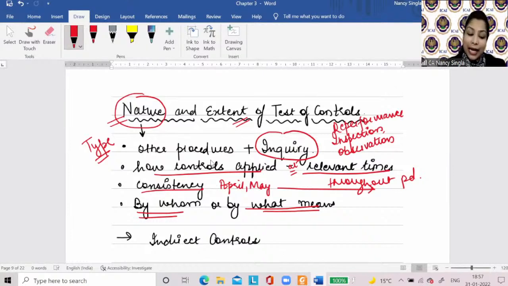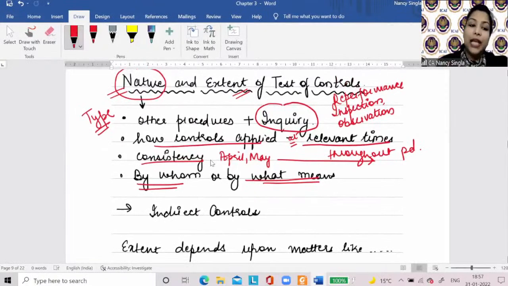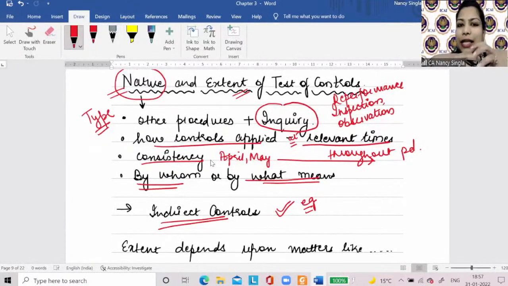And in extent, auditor will also have to decide as to whether he is going to check any indirect control. Let me try to explain this to you with the help of an example. Let's say the credit sales, the accounting system of the client is such that whenever the credit sales exceed the authorized limit, some exception reports are generated.